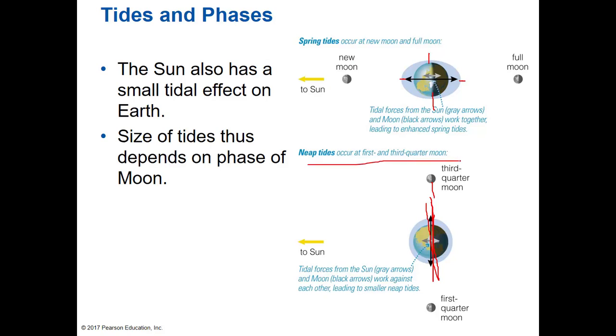All right. You will see the high tide during the new moon and the full moon, and you'll see the low tide during the third quarter and the first quarter of the moon, where the Sun and the Moon are at about 90 degrees, or the force of gravity between the Earth and the Sun and between the Earth and the Moon are at 90 degrees.